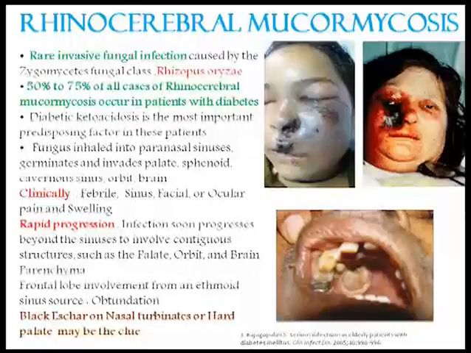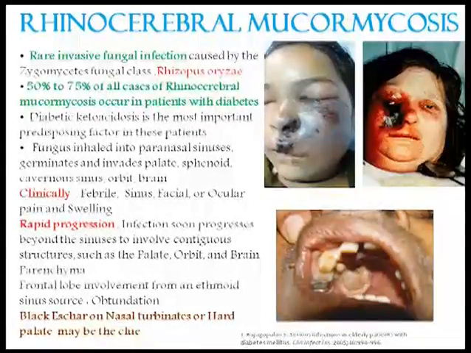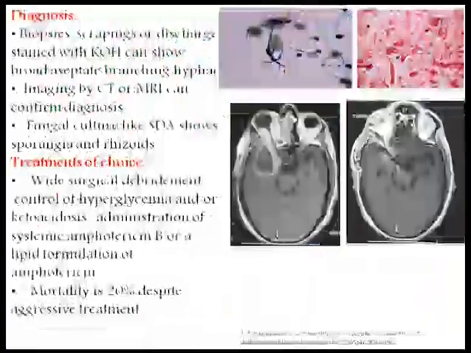Clinically we have the classical facial swelling, but the important clue is the black eschar, which can be seen outside or inside the nasal turbinate or in the palate. When you see that, you must always think that we are dealing with a case of rhinocerebral mucormycosis.